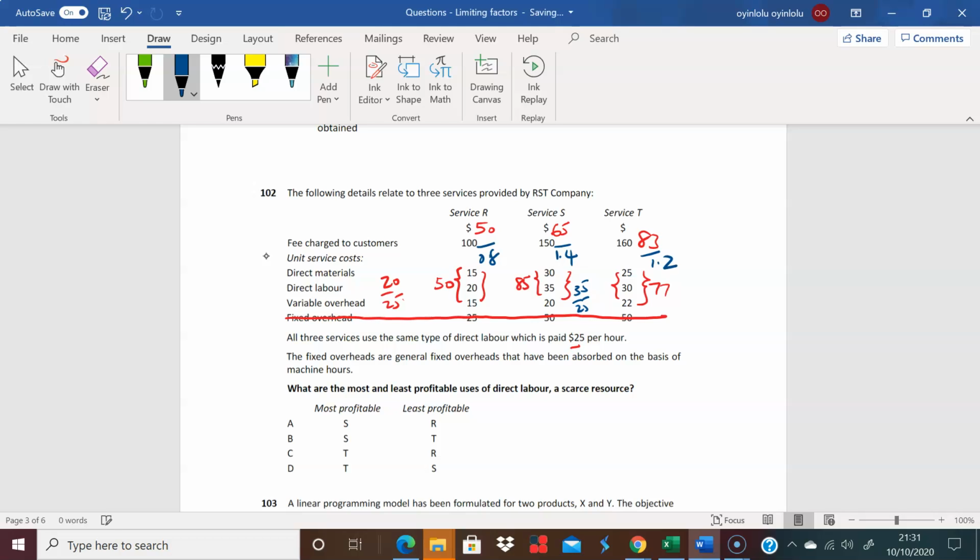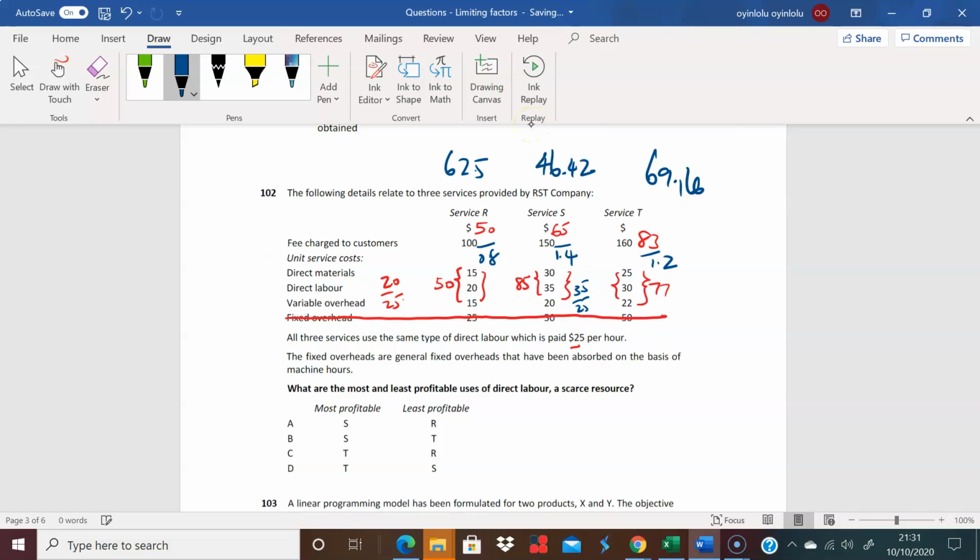So let's find out what's greatest if this is a scarce resource. 50 divided by 0.8 gives us 62.5. 65 divided by 1.4 gives us 46.42, and 83 divided by 1.2 gives us 69.16.